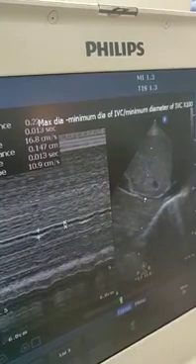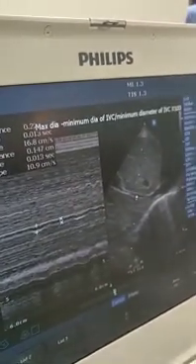So this is the formula for calculating distensibility index of inferior vena cava.